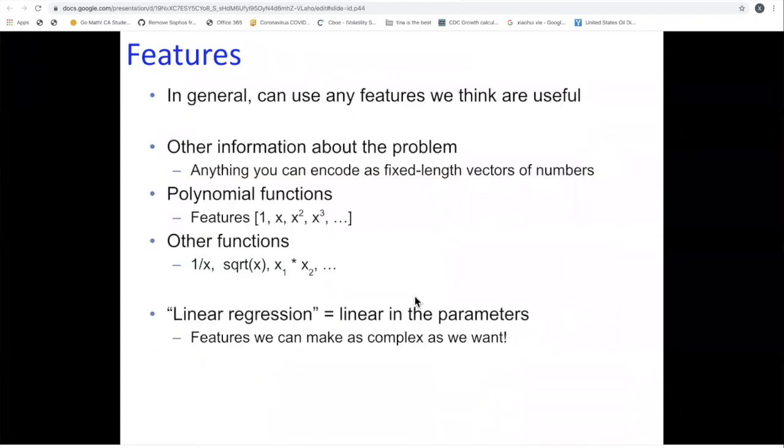In fact, you are not limited to polynomial functions. You can also introduce other types of functions. For instance, you can introduce features such as 1 over X, or the square root of X. Or if you have high-dimensional features, suppose your input vector contains not only one X, but X1 as the first dimension and X2 as the second.